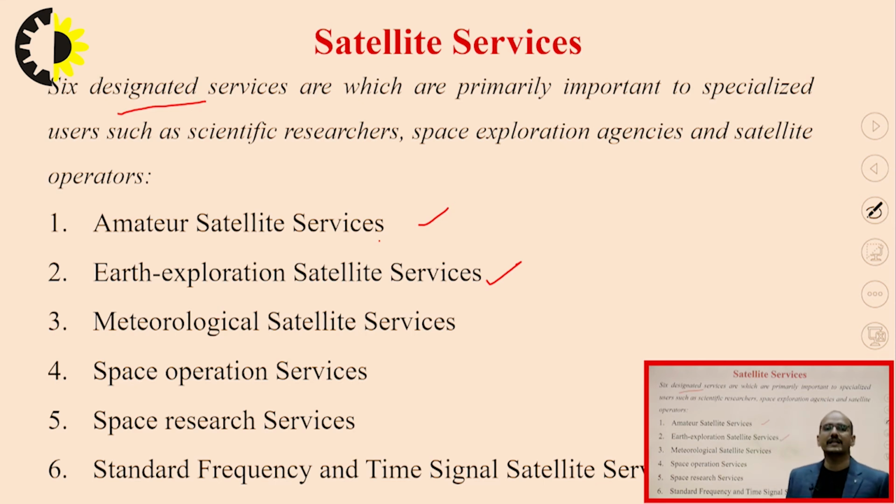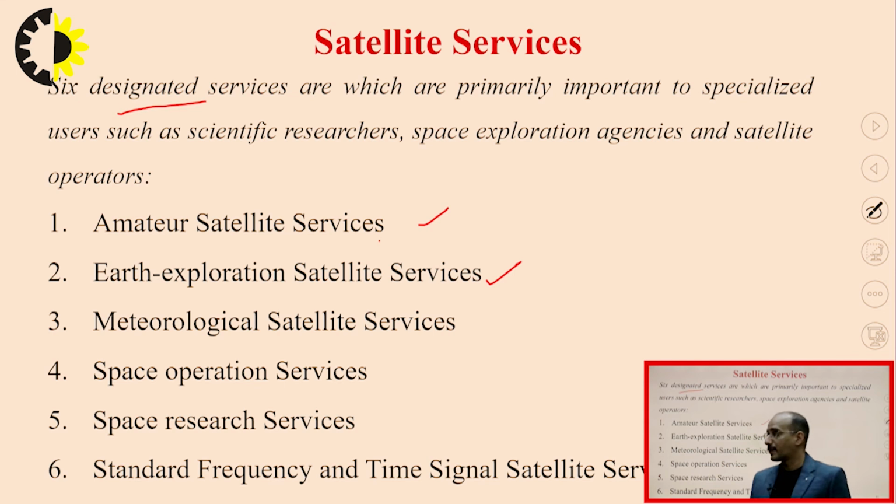Earth exploration satellite services are those services which are specially designed for the mining or exploration purposes of the earth. When we want to explore the earth's surface conditions, sometimes when you are watching TV and getting some data, the pictures given from the satellite let us conclude that this particular thing is located at the earth here.